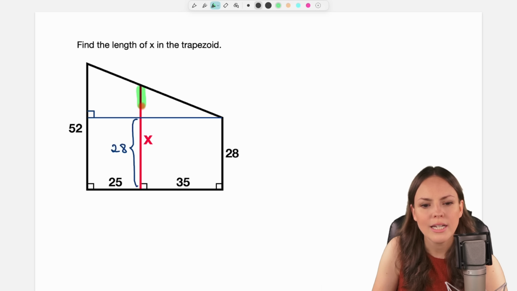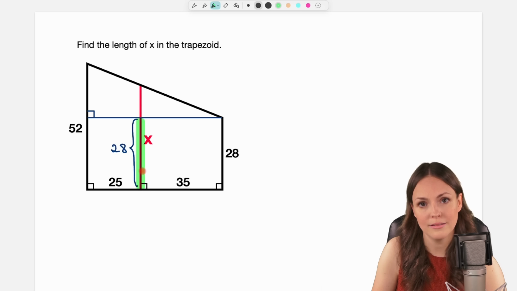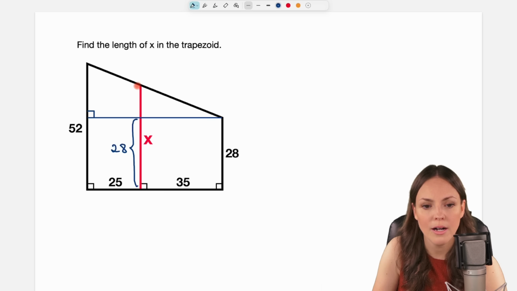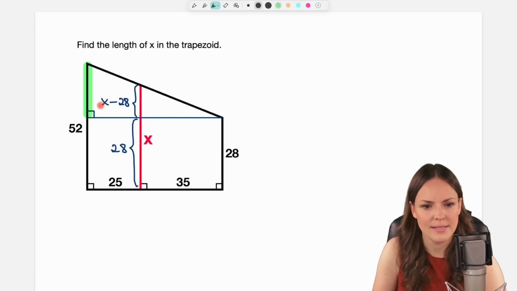Then we can also say how long this part up here is because the entire side is my x, and this is the part that I'm not interested in, so I can just subtract the 28 from my x. So up here, this would be x, the entire side, minus this lower part here, so minus the 28.